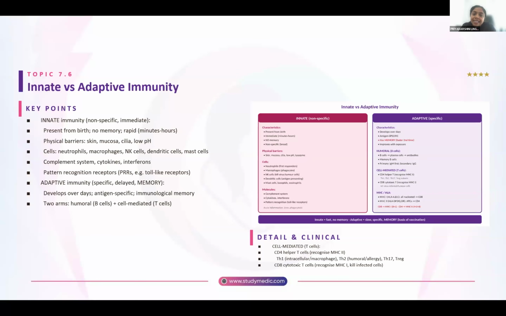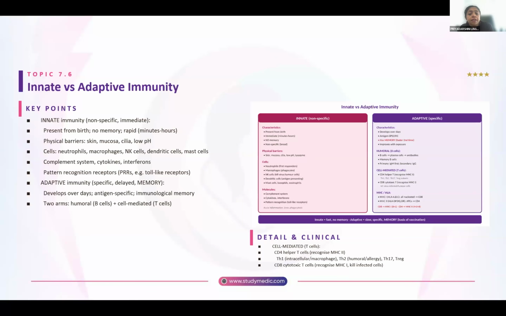The second one is your T cell, which is your cell-mediated immunity. Now, coming to your innate immunity, as I mentioned, it is non-specific. It is present from birth and it has no memory. So, a key important point for your exam: adaptive immunity has memory. It is faster.